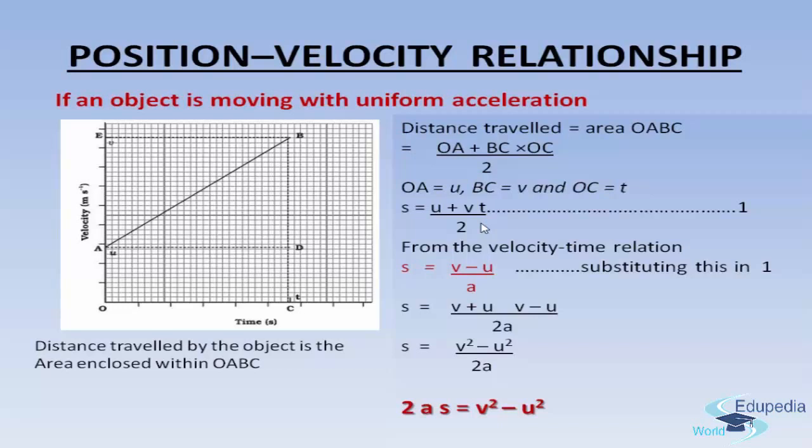So this is the third equation of motion, which is derived from the position velocity relationship, because here we have the position, that is S, and then we have the velocity, right? So now we know how the three equations of motion have been derived using the relationships between position, velocity and time.